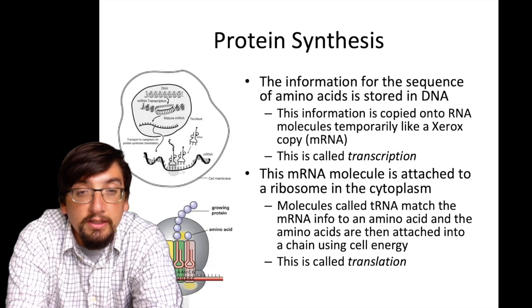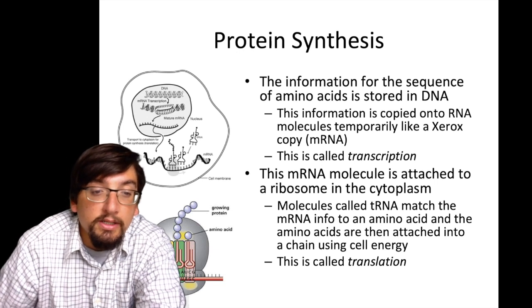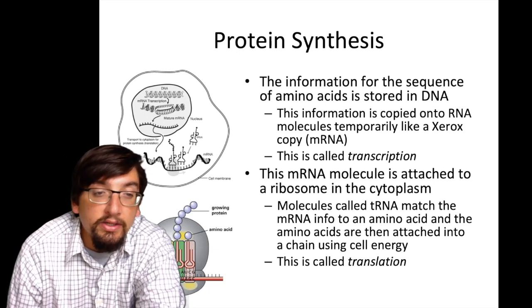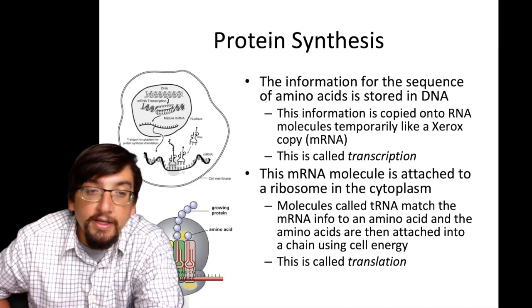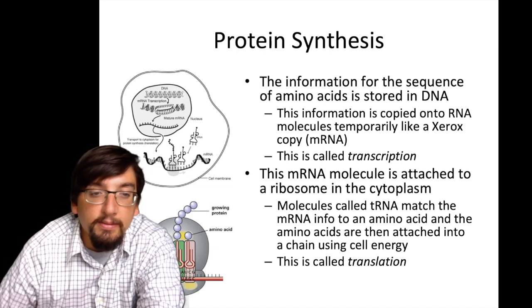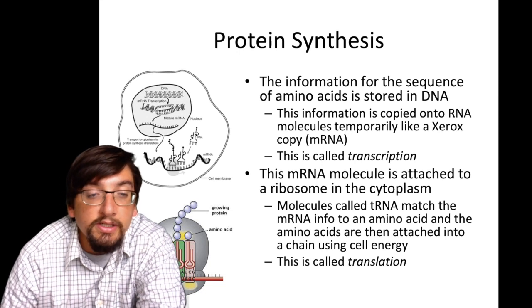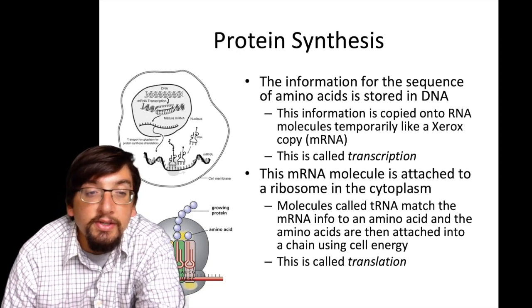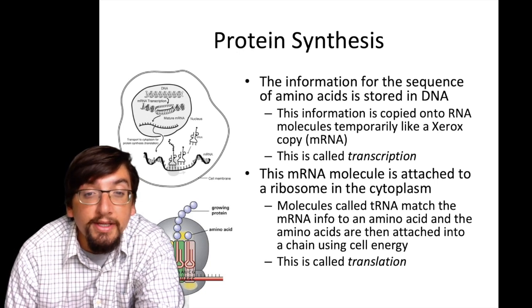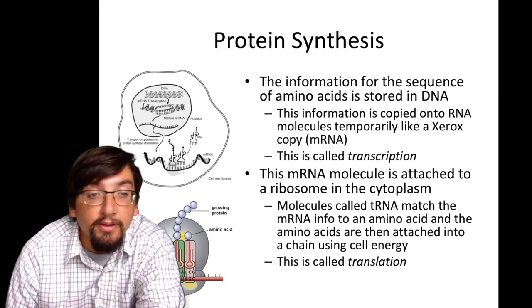So the amino acids are put together inside your cells using several different structures. The information that has the sequence of what amino acids to put in order to make what proteins is in your DNA. Since we all have DNA, that means our proteins are slightly different from each other.